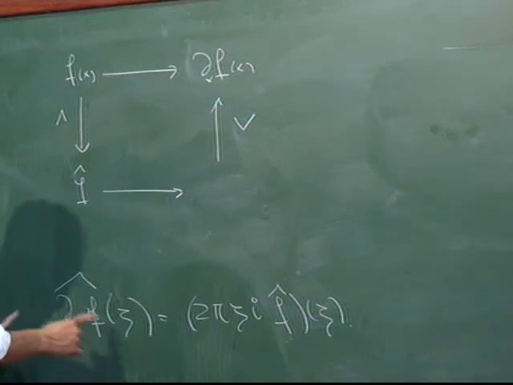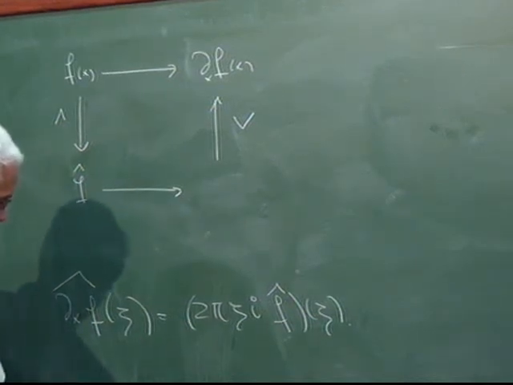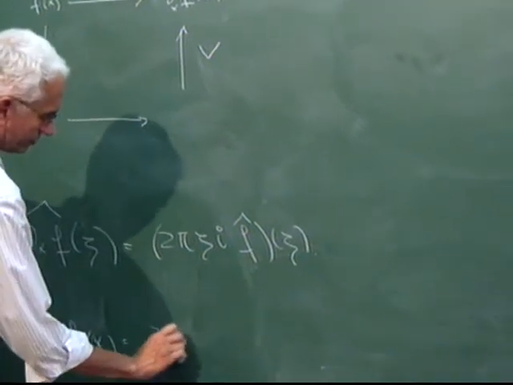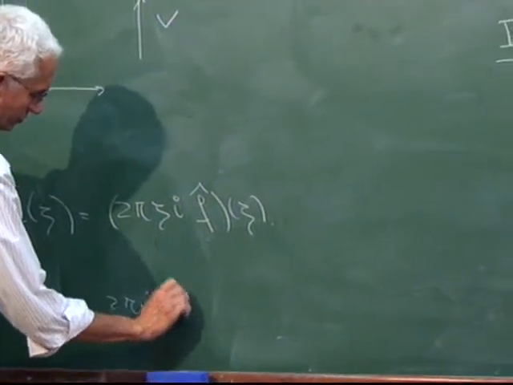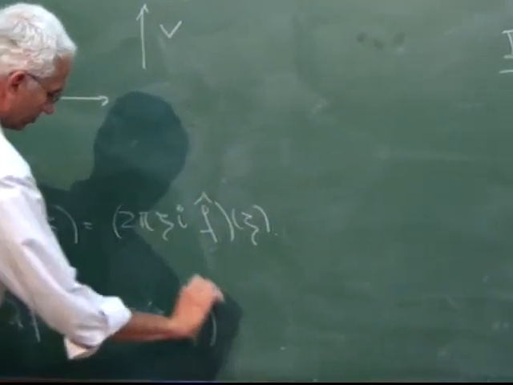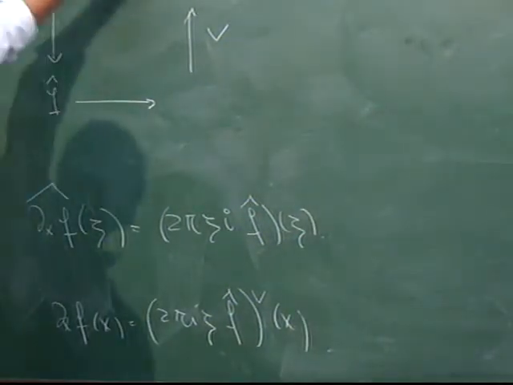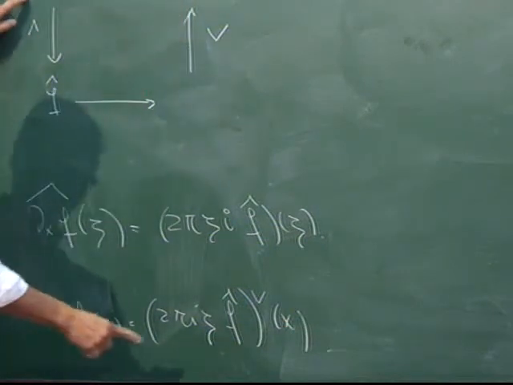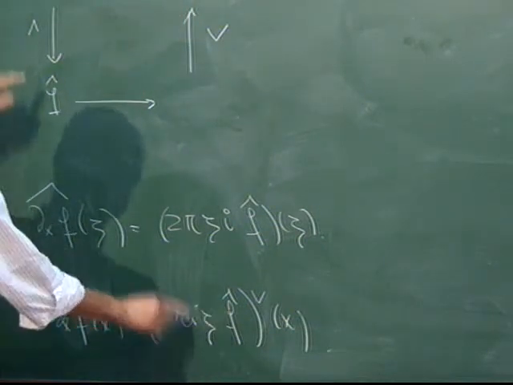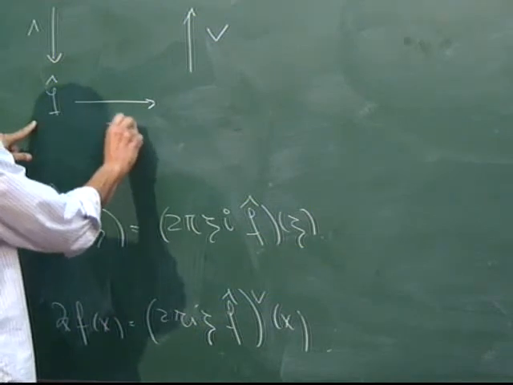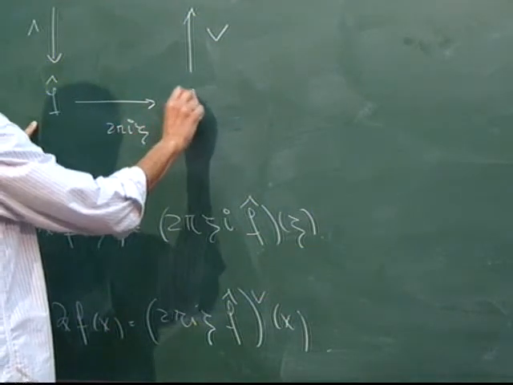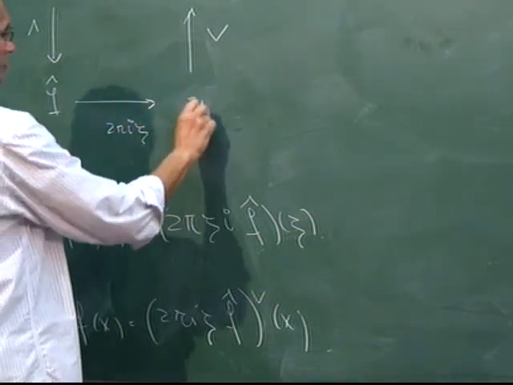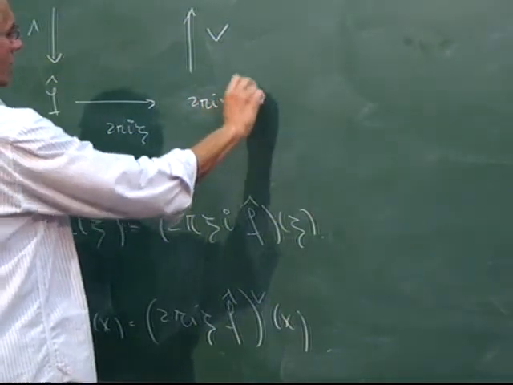Therefore, if I take the inverse Fourier transform, I have this. Therefore, to take derivatives is exactly to take the Fourier transform, multiply here by 2 pi i xi, and go back.